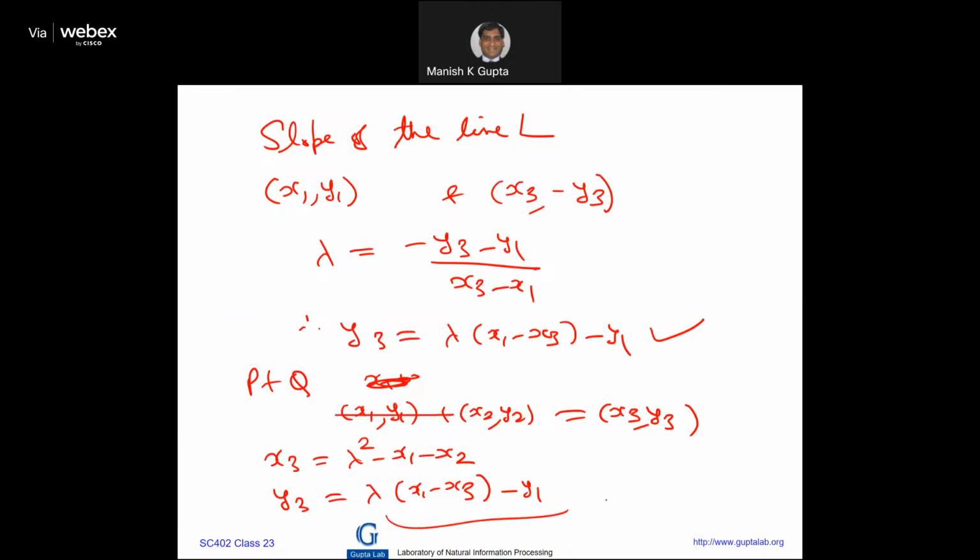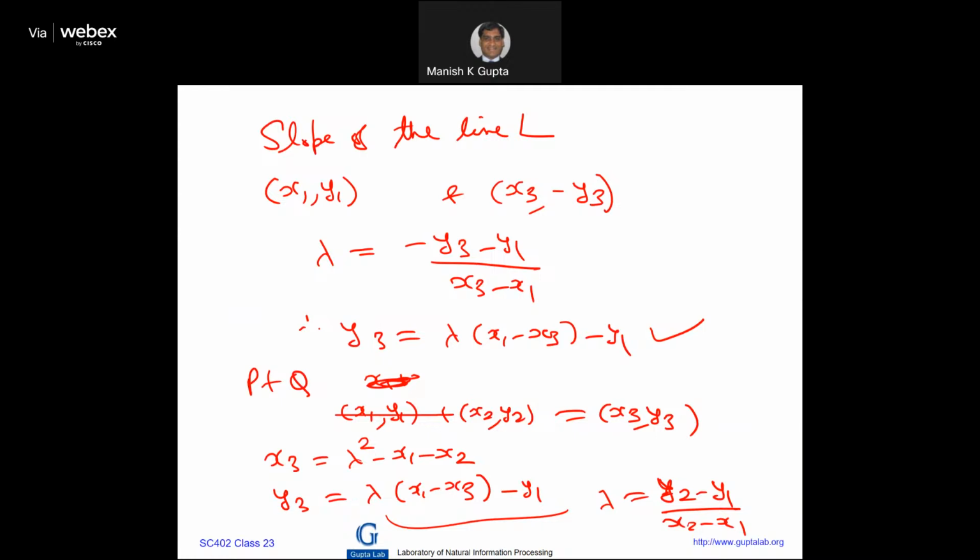Here lambda is equal to y2 minus y1 divided by x2 minus x1. The idea is simple, but you can compute the calculations. So you know how addition is defined when x1 and x2 are distinct.